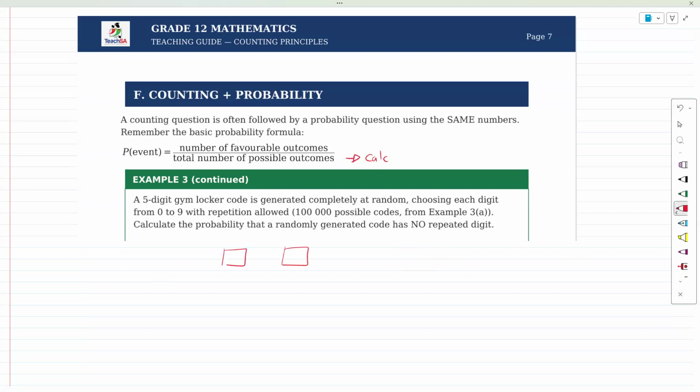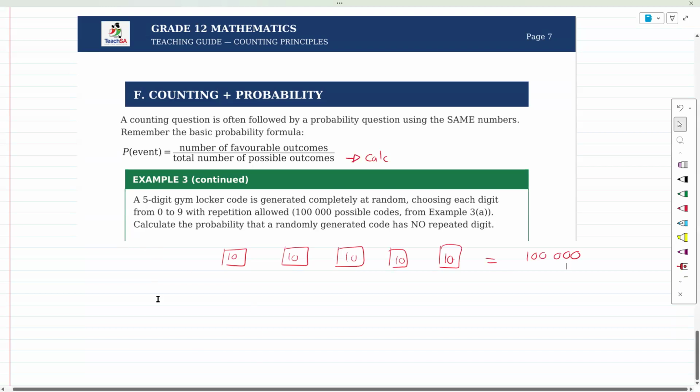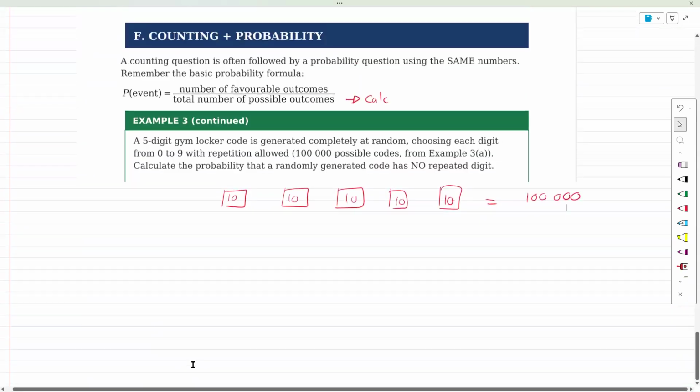They gave us an answer, but most likely they would not give it in the exam. We know this is 10, 10, 10, 10, 10, which equals 100,000. Calculate the probability that a randomly generated code has no repeated digits.